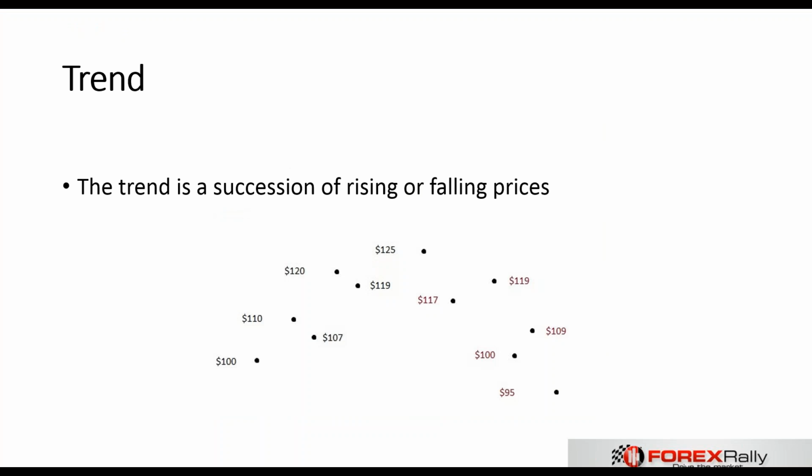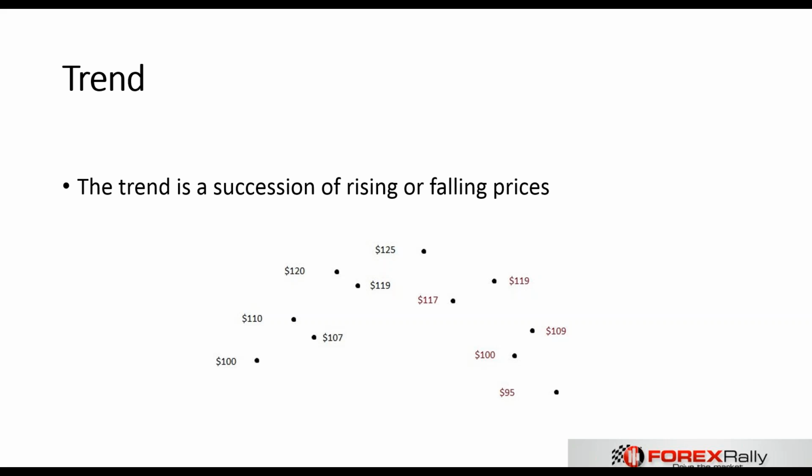The trend is a succession of rising or falling prices. Now, I made here an example. Let's say that we have a financial asset which has the price at $100. The price gets up to 110, but after that gets back to 107, 120, 119. So the price will not go straight to 125 or let's say 120.